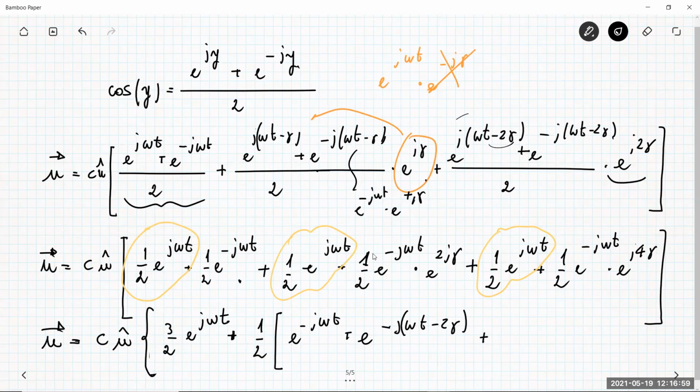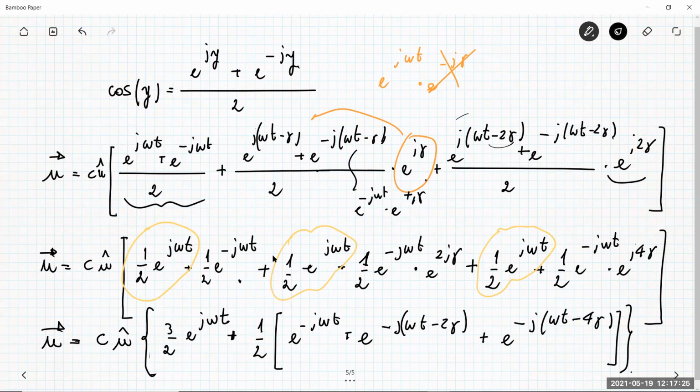And the third one, which is the exponential of negative j omega t minus 4 gamma. Okay. So we found this expression, this exponential function.